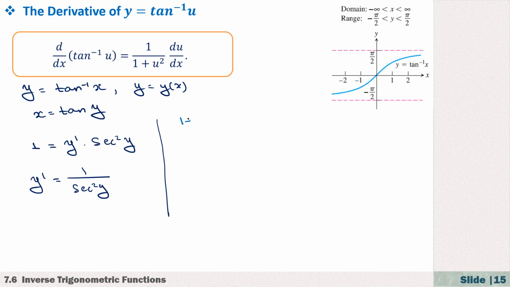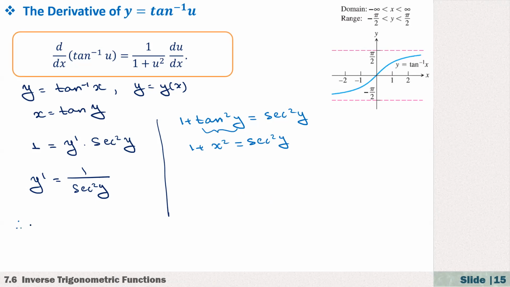We know that 1 plus tangent squared of y is equal to secant squared of y. And also, tangent of y is equal to x. So 1 plus x squared is equal to secant squared of y.